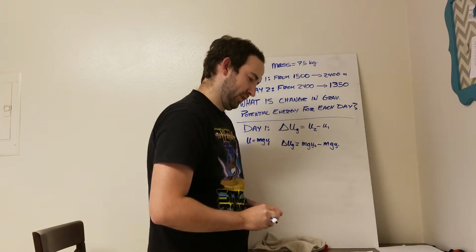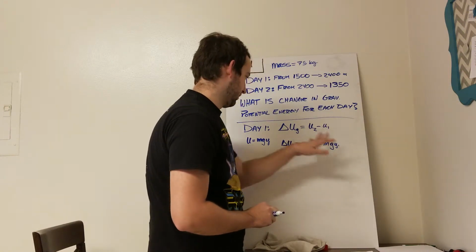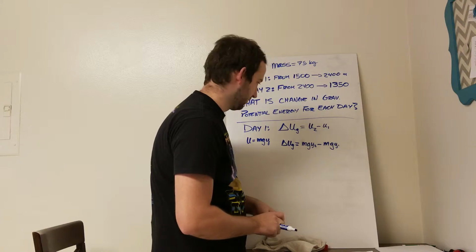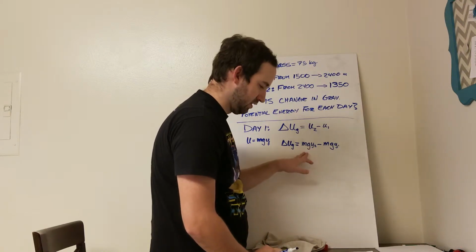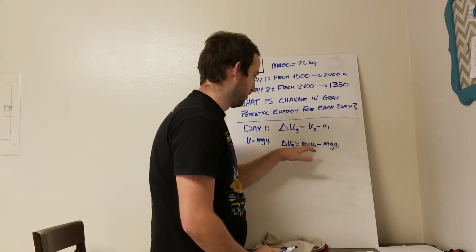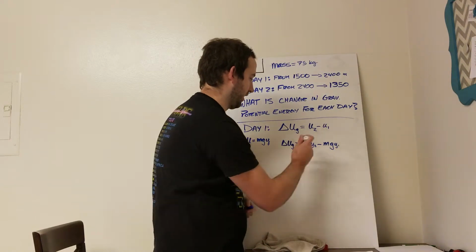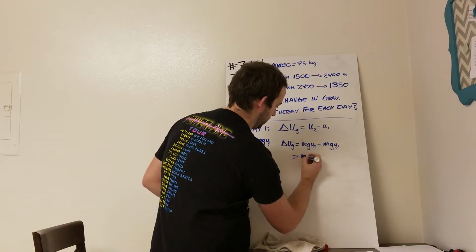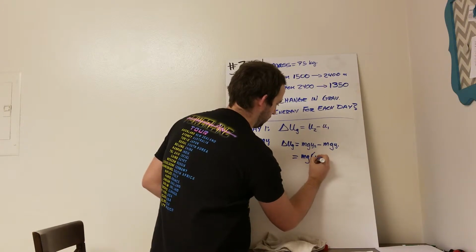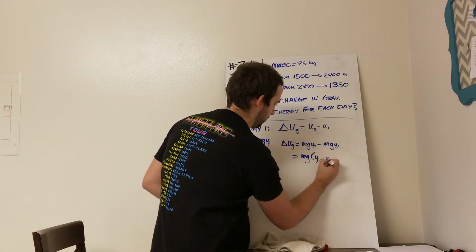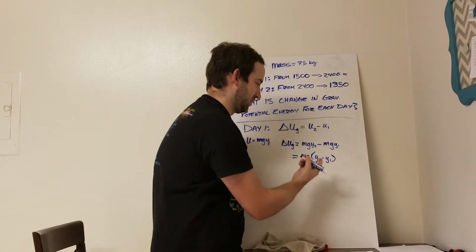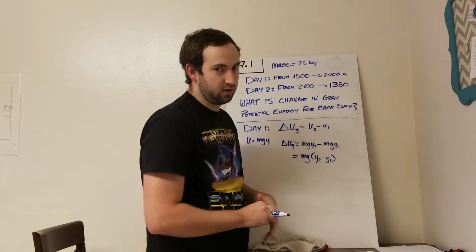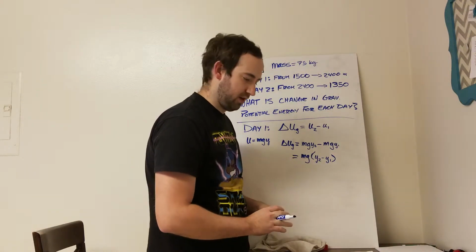And now let's simplify it even more, since both of these have mg, we can pull that out, so it equals mg times the change in y. And this is for the first day, and then we'll do the second day the same way after.